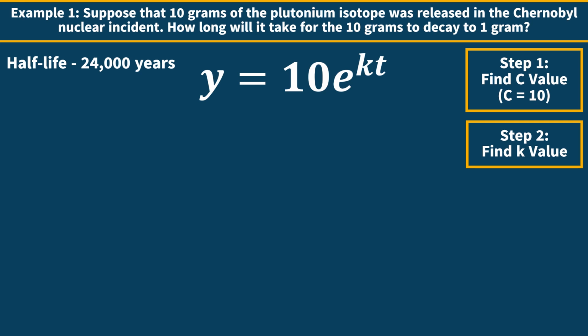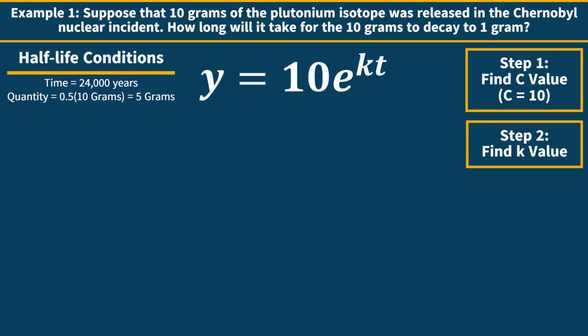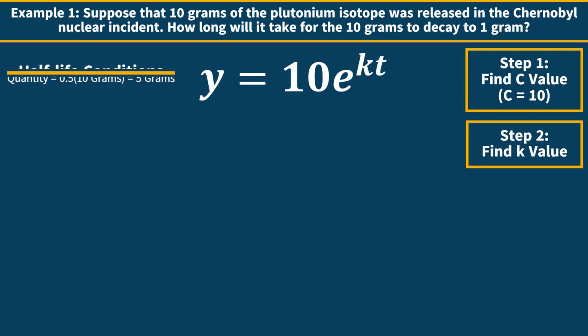What this means is that the time it takes our quantity of plutonium to be reduced by half is 24,000 years. Therefore, our half-life conditions are time is equal to 24,000 years, and our quantity is 1/2 times 10, which is 5. Let's substitute our conditions into our model.